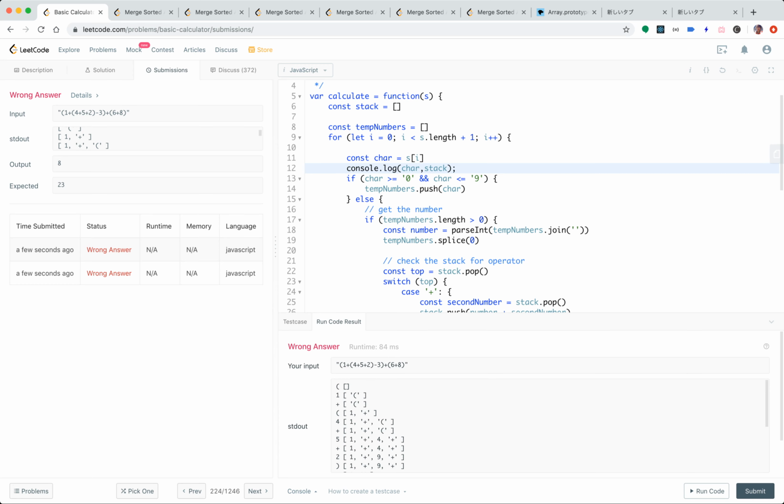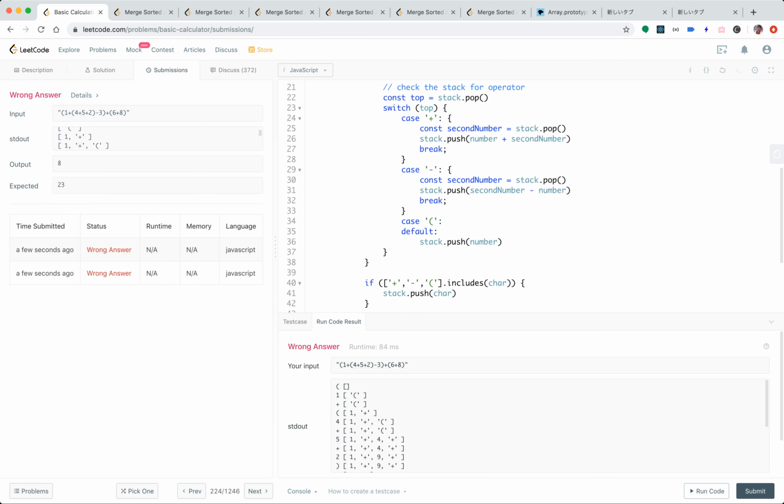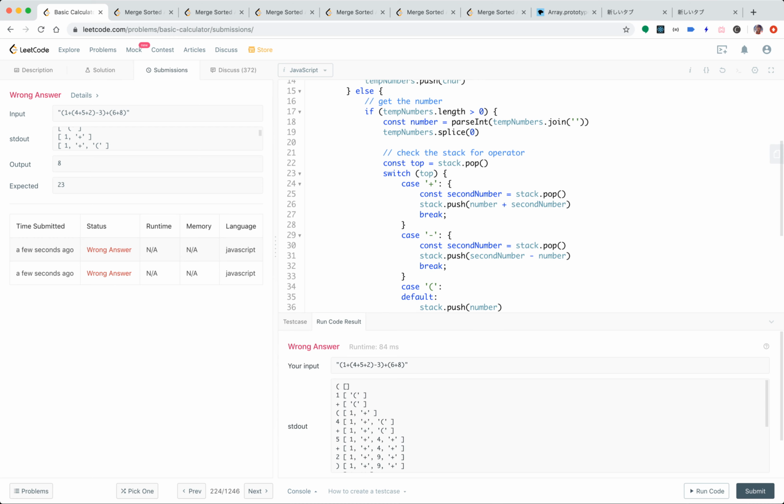Okay, so the factor is this one, and 1 plus, we got plus, we got this, and then we push. There's no pop, right? We get the number.